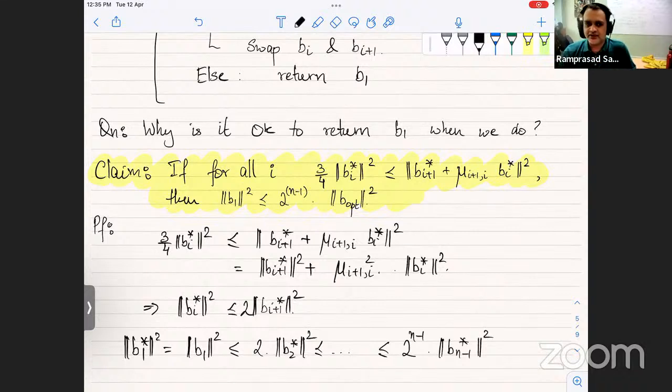I'm just stringing together the equations that we have currently. So far, so good.